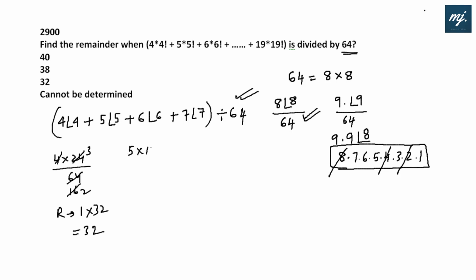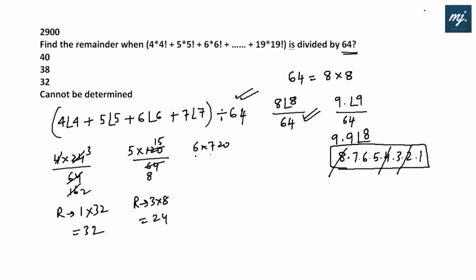Similarly, 5 into 120 by 64, that would be 8 times 15. 15 into 5 is 75. 75 when divided by 8 leaves remainder 3. So here remainder would be 3 into 8, that is 24.